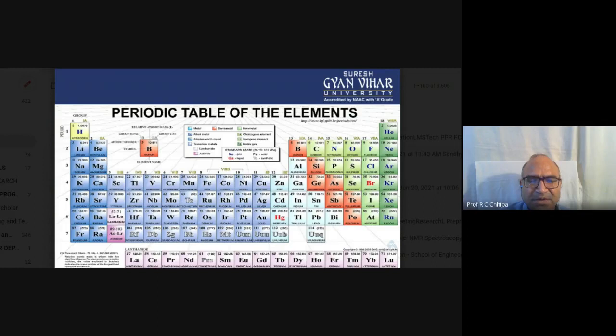However, going back to the history of how this modern periodic table came to exist: earlier, the periodic table was based on the atomic weight of the elements. Later on, many developments occurred in atomic structure, and therefore the modern periodic table is based on the atomic number.